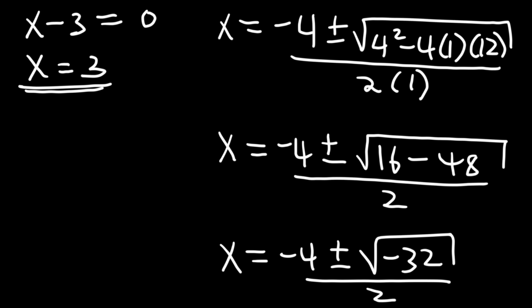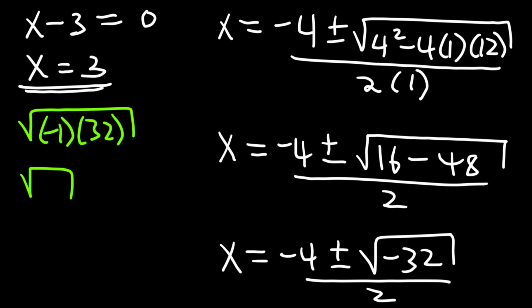Now the square root of negative 32 can also be written as the square root of negative 1 times 32, which is also equal to the square root of negative 1 times the square root of 32. And from complex numbers, we know that the square root of negative 1 is equal to i, and also 32 is the same as 16 times 2.